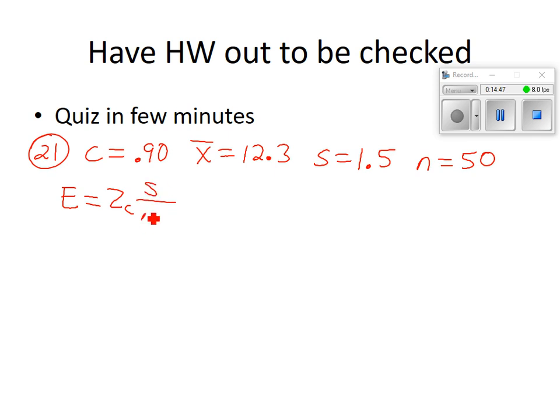S goes on top, square root of N on bottom. Grab our chart. We're doing a 90% confidence interval, so we go on here to 90, 1.645 again. 1.645 times 1.5 over the square root of 50. Somebody help me out to do all that.